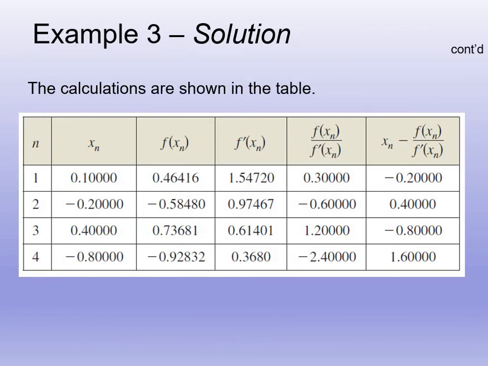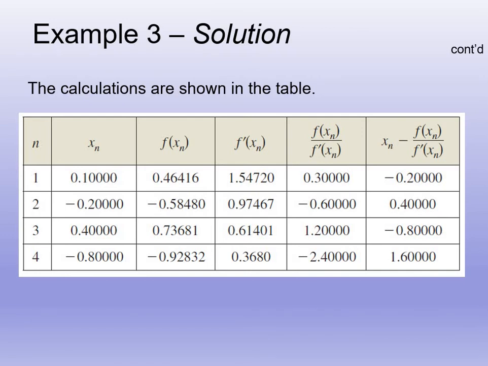So we can see where it's not going to converge. Looking at the table, from your first estimate to your last, we go negative 0.2, positive 0.4, negative 0.8, 1.6.